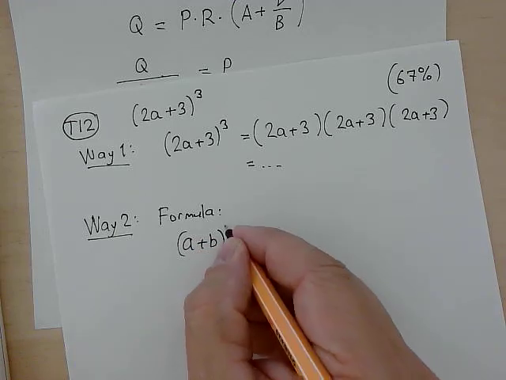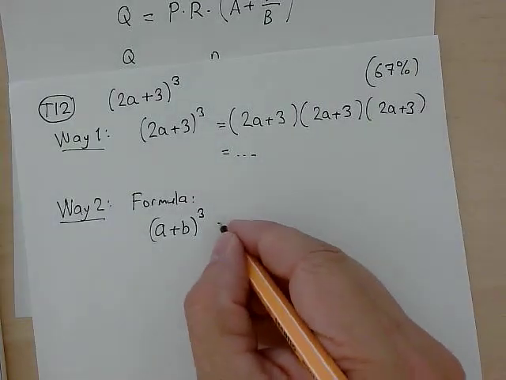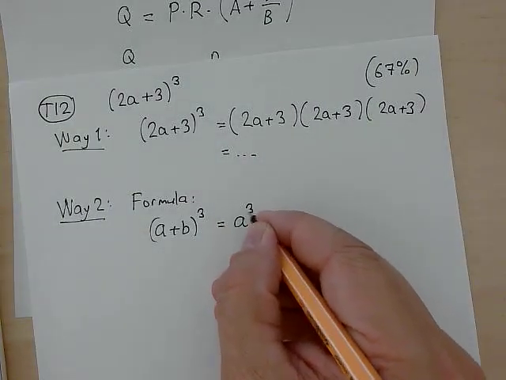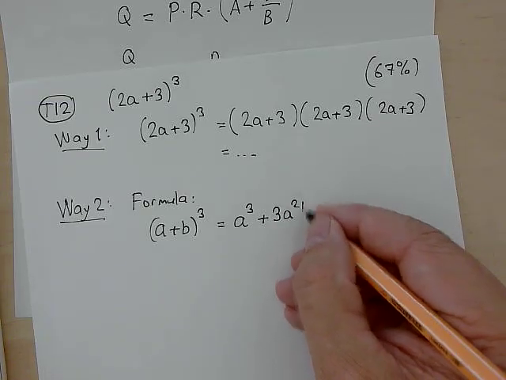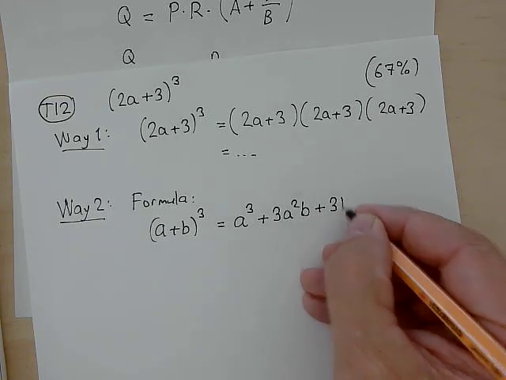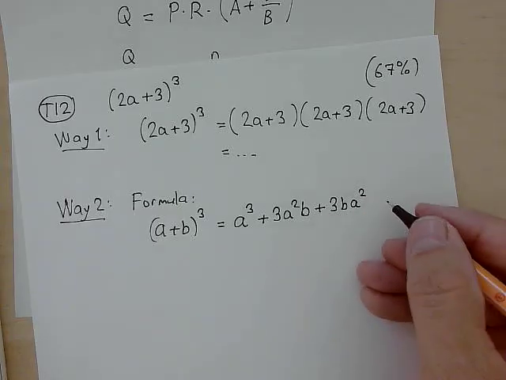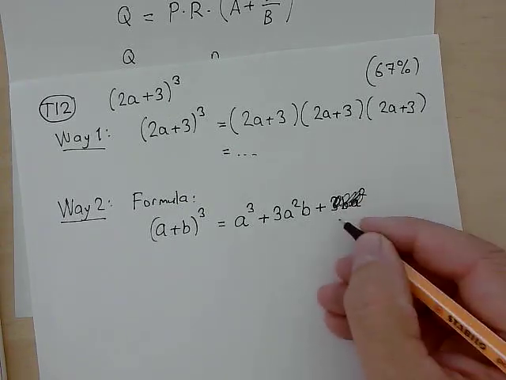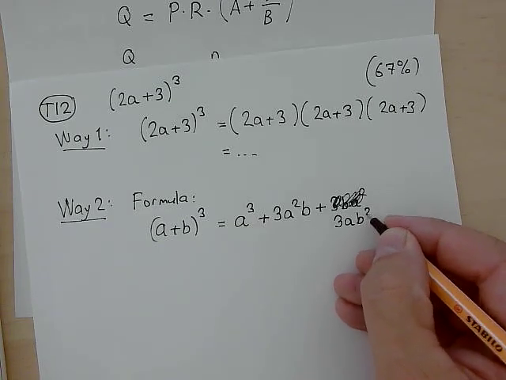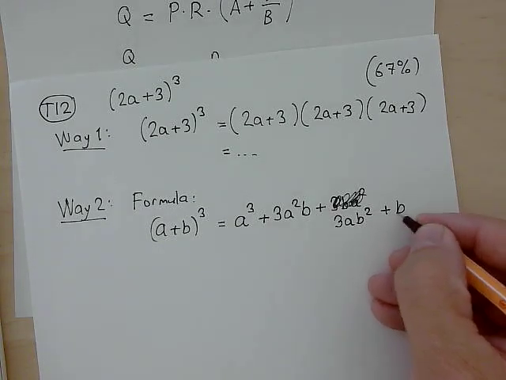(a plus b) cubed equals a cubed plus 3a squared b plus 3ab squared plus b cubed. Oh sorry, I wrote a mistake: 3a squared b, 3ab squared, yeah, plus b cubed.